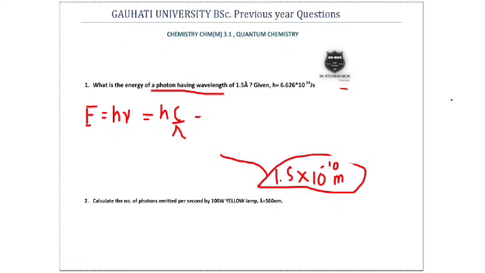Planck's constant h value is 6.626 into 10 to the power minus 34 joule second, and the velocity of light is 3 into 10 to the power 8 meter per second.